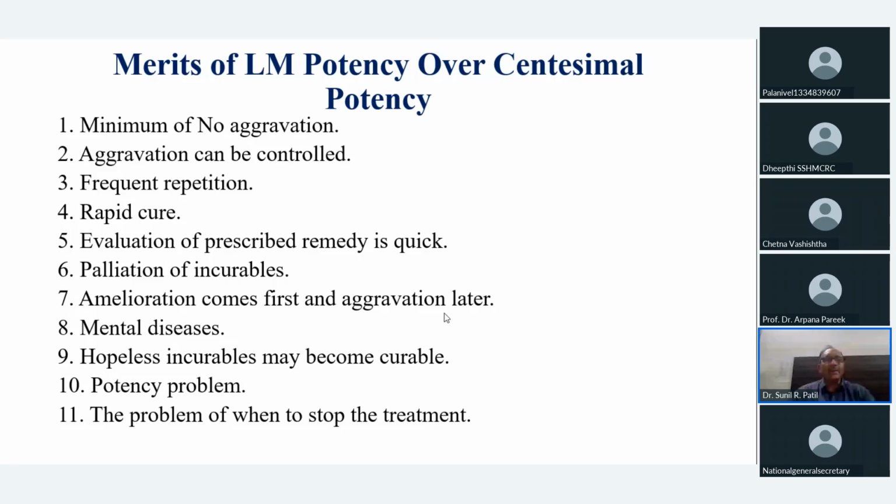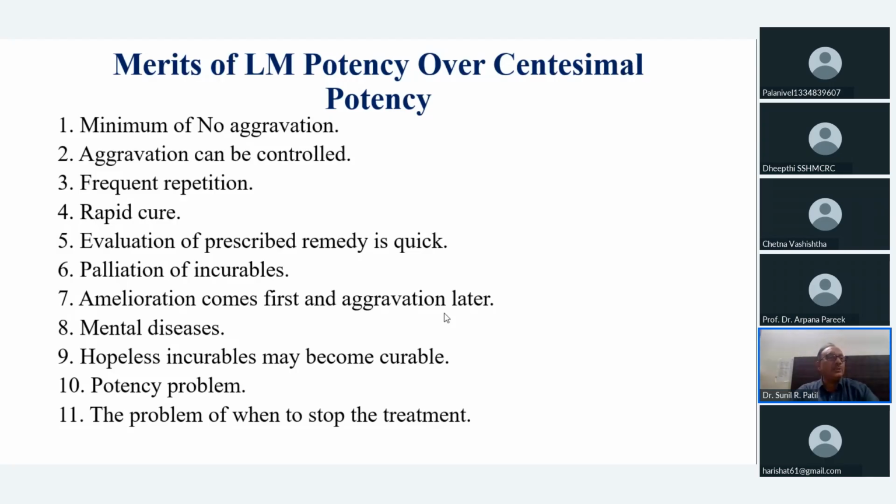The second point: the aggravation can be controlled. Although there is seldom any aggravation, it usually appears in hypersensitive patients. If the patient is very sensitive, some aggravation may occur at first, but the repetition of the dose can be modified in LM potency as compared to the centesimal potency.